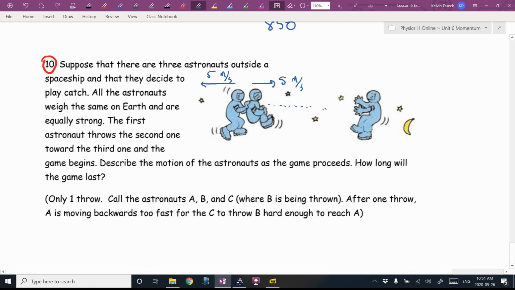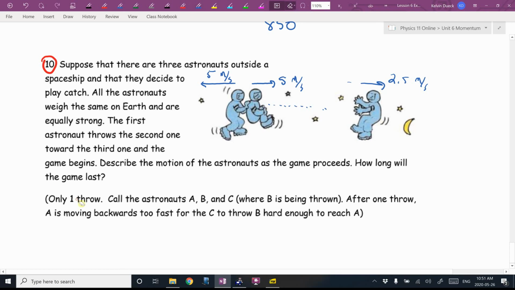When they collide, they'll now be moving backwards at 2.5 meters per second, because they'll stick together. Their mass will double, so the speed will go in half. So they're moving backwards.